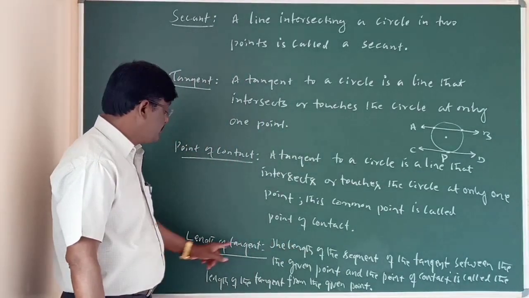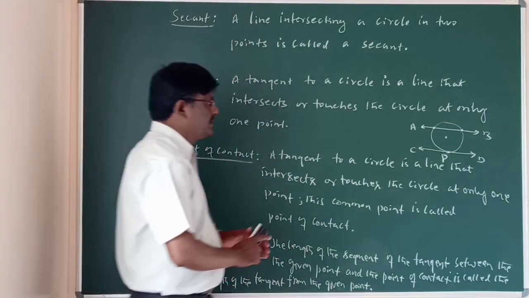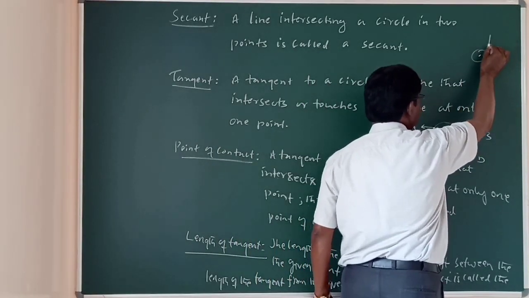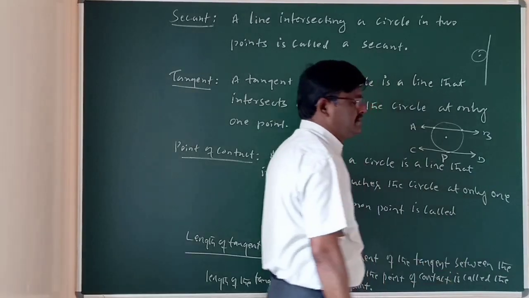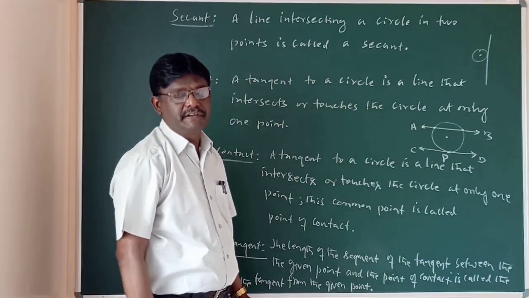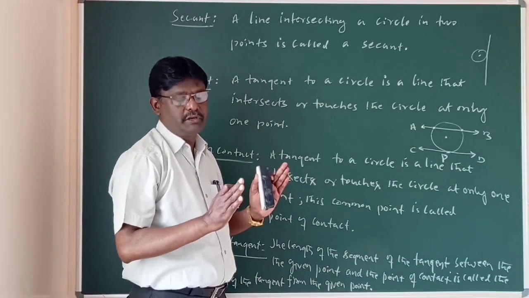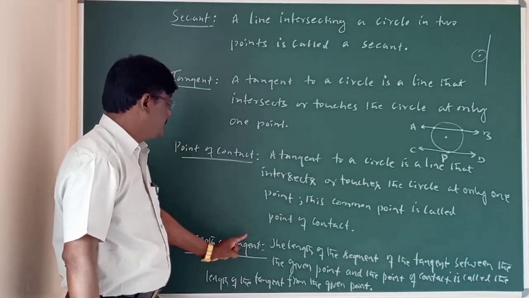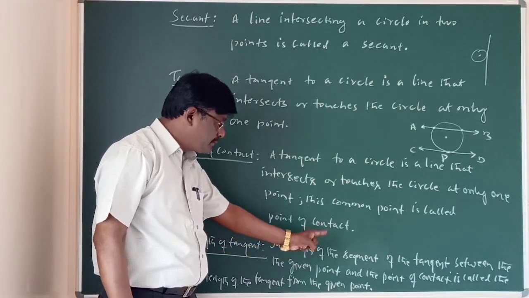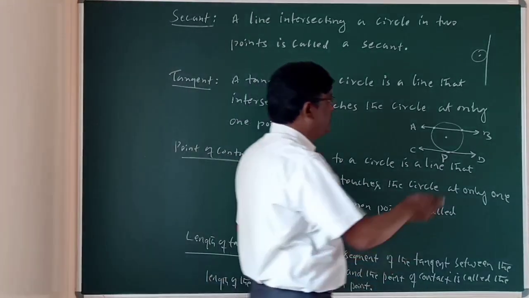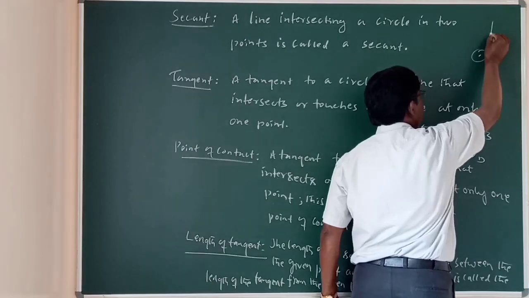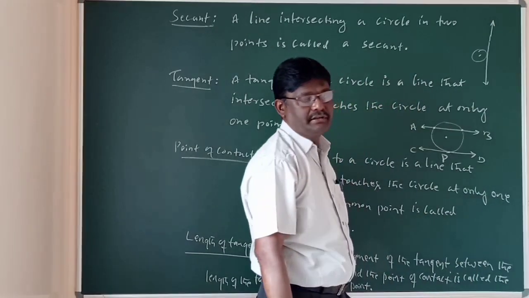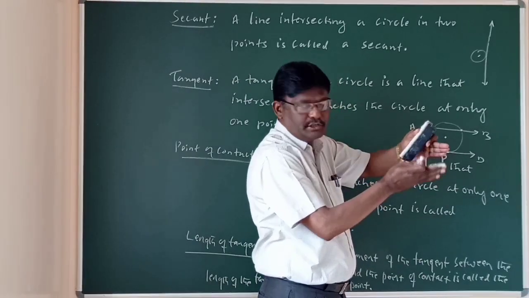Next, length of tangent. Generally, to a circle, if a tangent is drawn, it can be extended to any extent. But here, when we say length, we have to be very careful while defining the length of the tangent. By definition, we know a tangent is a straight line, which means it can be extended to any length.